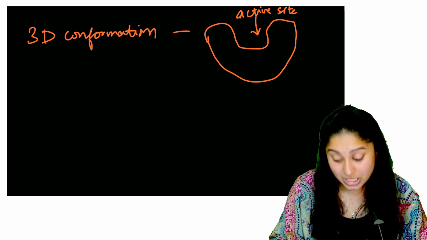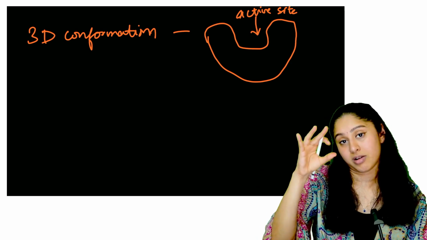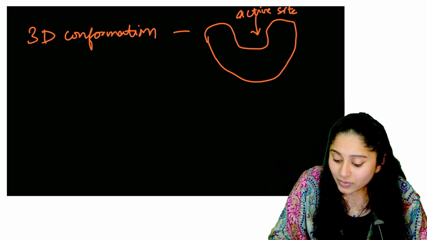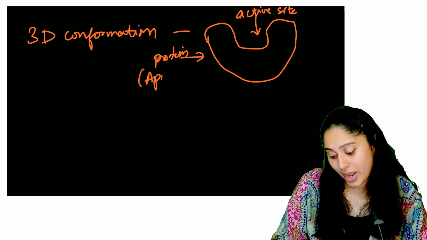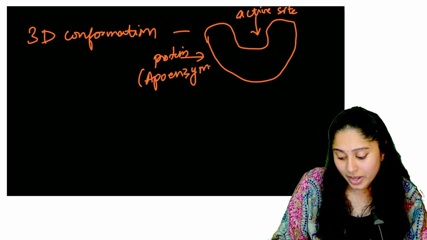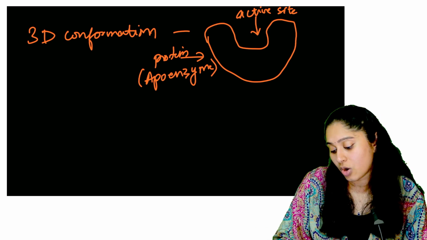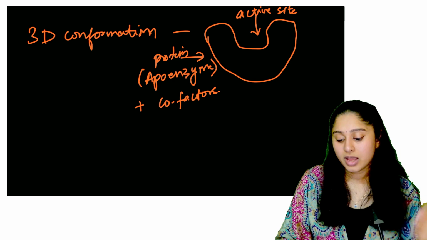But for the enzyme to function and bring about the catalytic activity, along with the protein portion of it, which I call an apoenzyme, I require some additional factors to help me, and these factors are called cofactors.